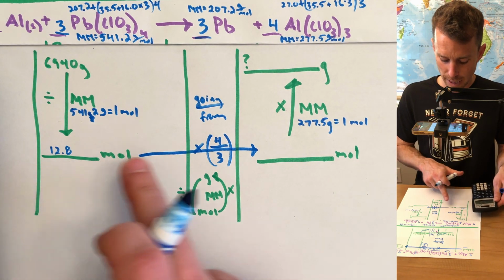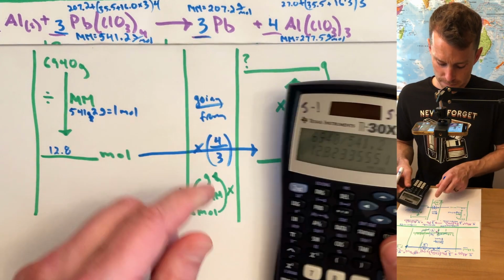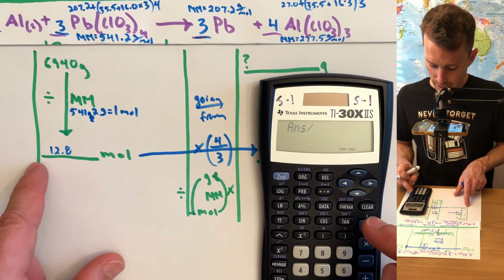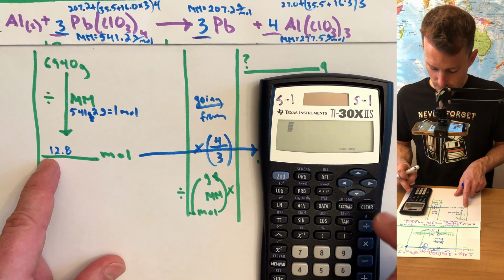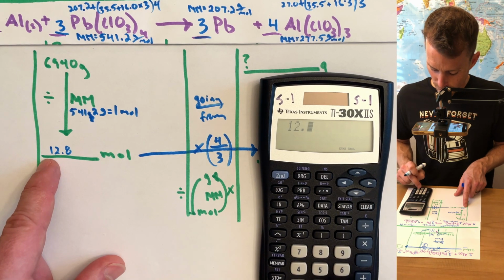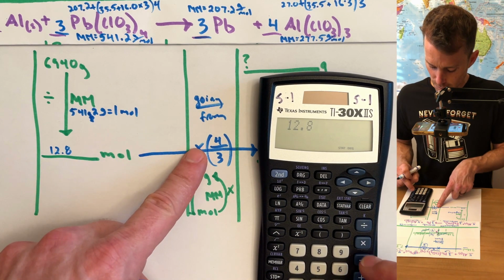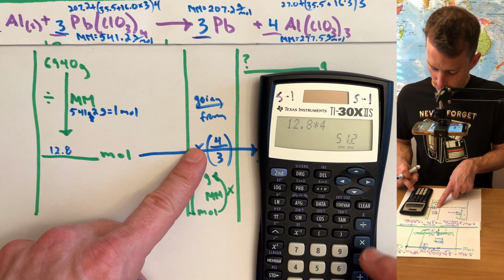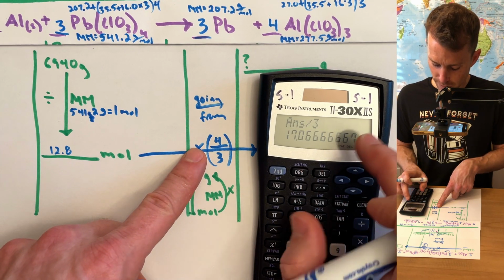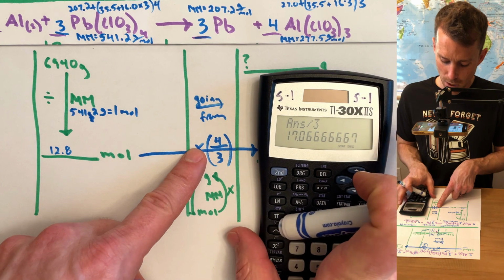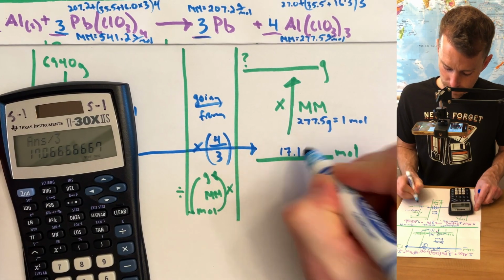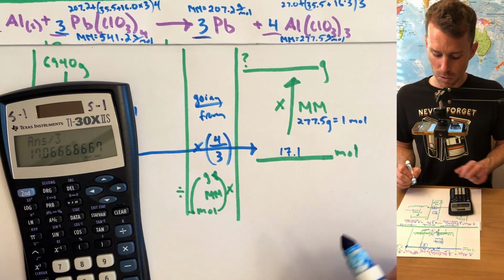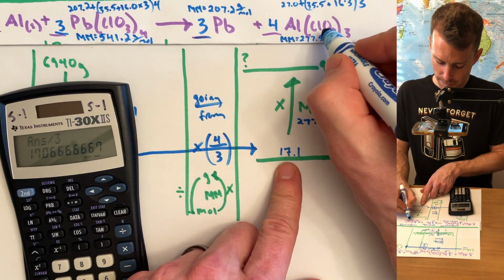Let's take our 12.8 and multiply it by 4/3. So 12.8 times 4 divided by 3. 17 point, I'll just round up to 17.1 moles. So this is how many moles of aluminum chlorate I have.